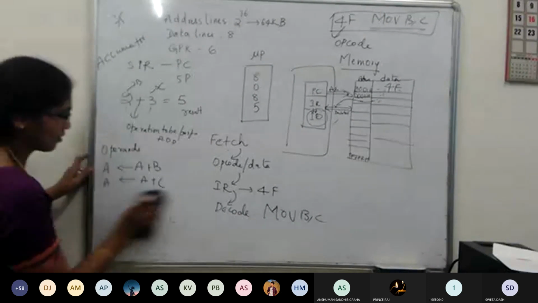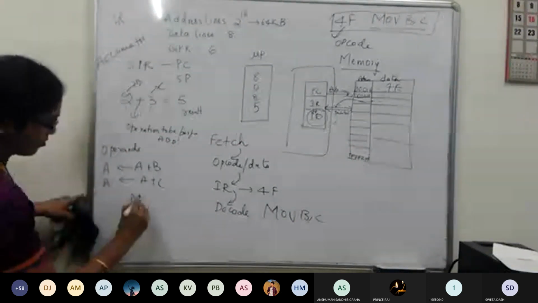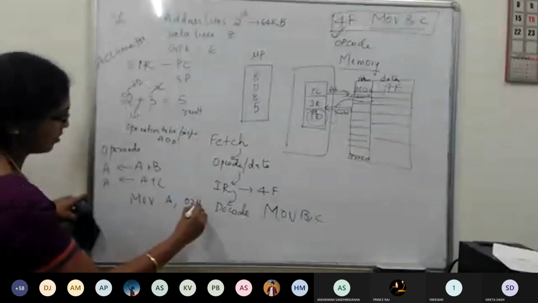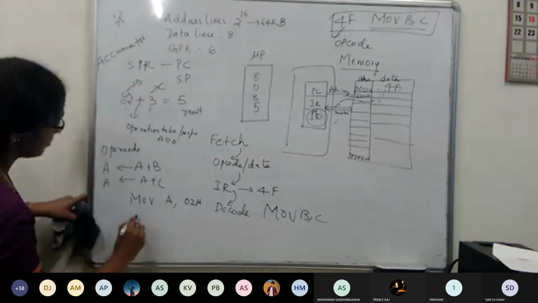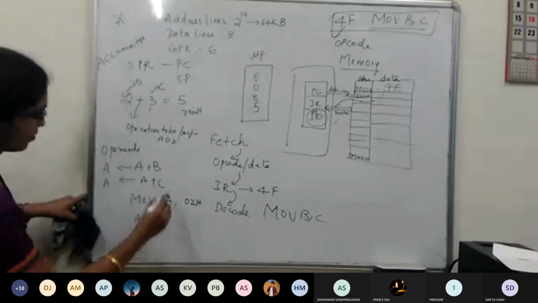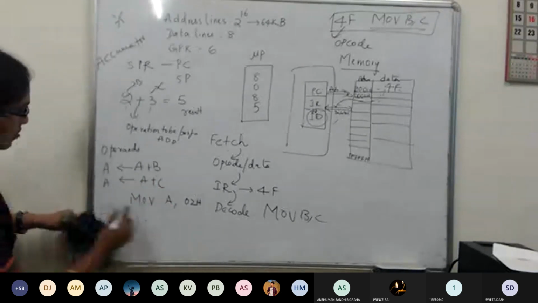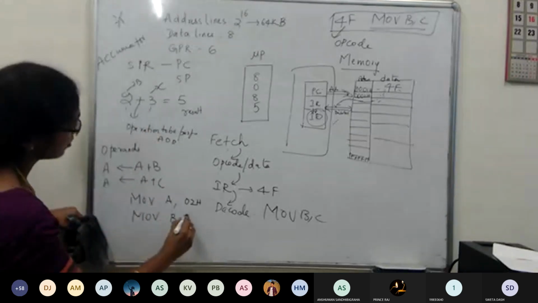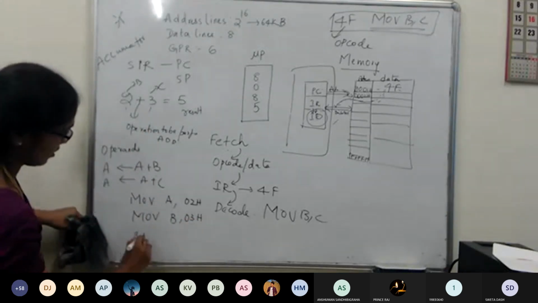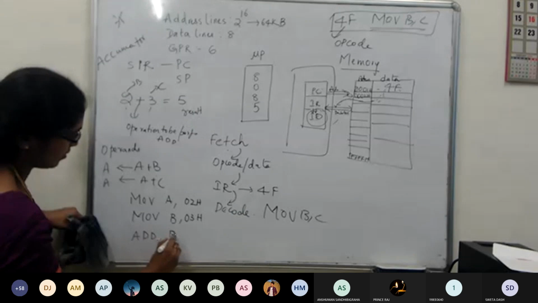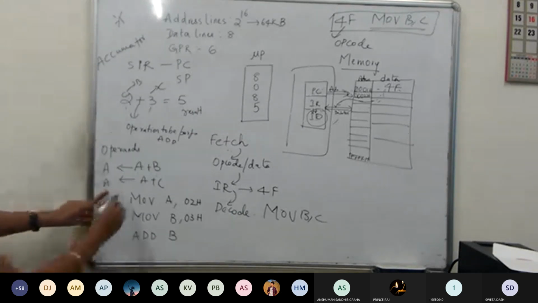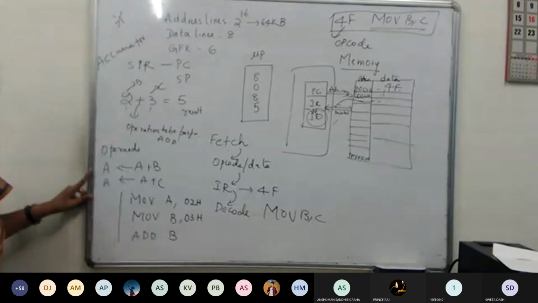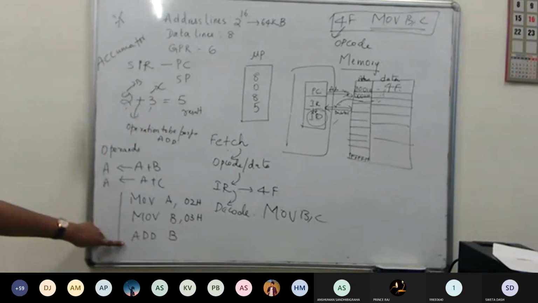Otherwise, simple option. That's it. So with these 3 instructions, you can easily perform the addition of 2 and 3 and the result will be already in A. Did you understand what I wrote here?